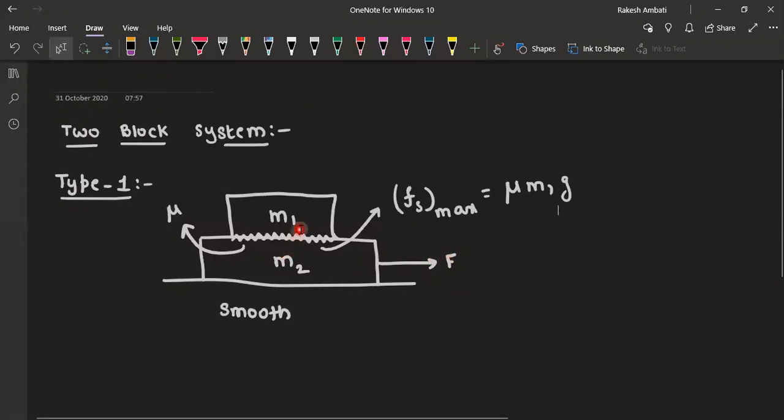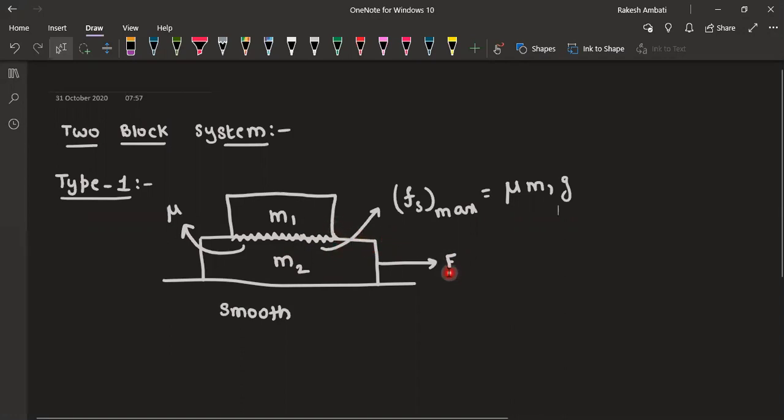move separately. So if available, you keep two books one above another and you apply force on the bottom book. If I'm giving a smaller force, then the two books move together with the same acceleration.